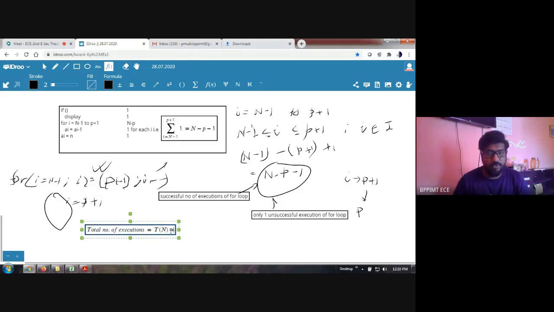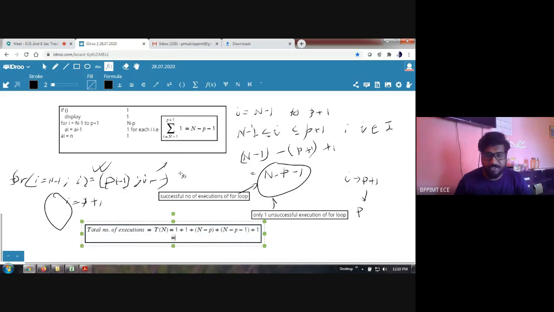So it is equal to 1 plus (n minus p), and then plus n minus p minus 1 plus 1. In the next line, I think 2 into n, that is 2n minus 2p, and then minus 1 plus 1 get cancelled, plus 2.